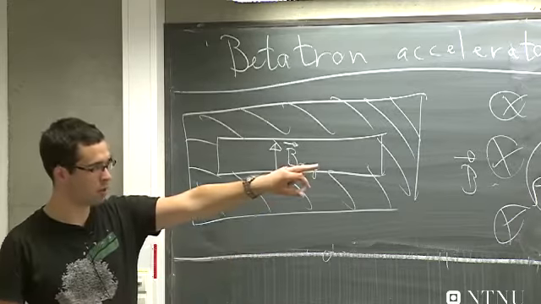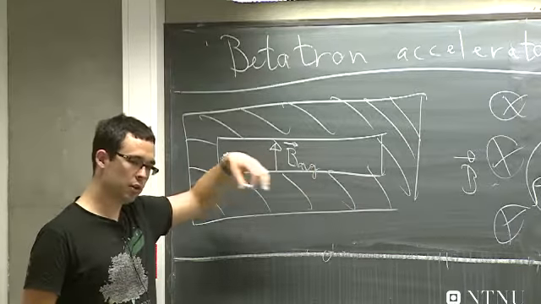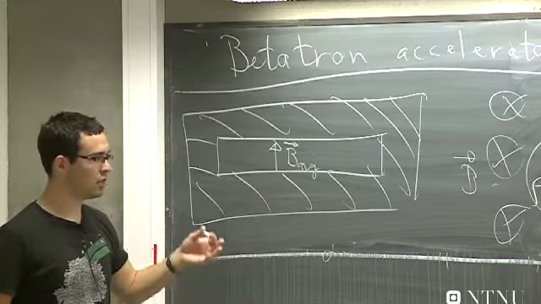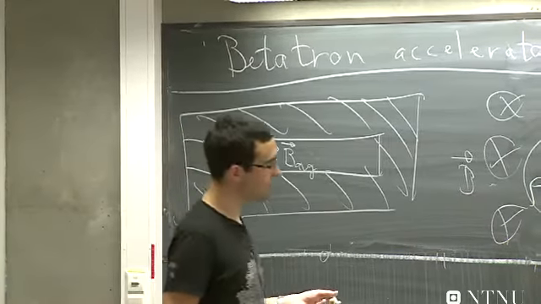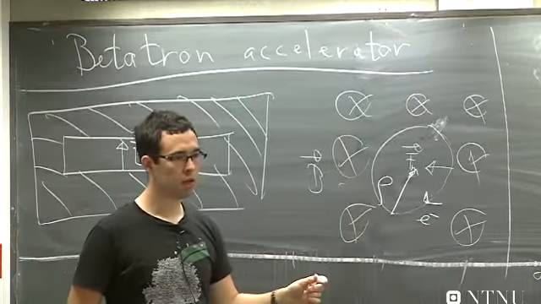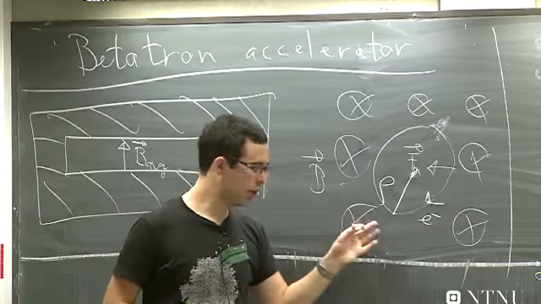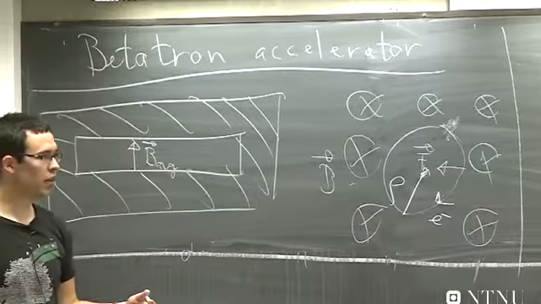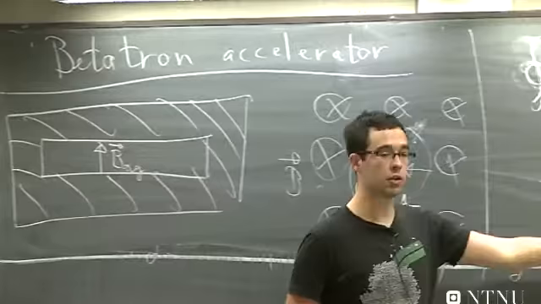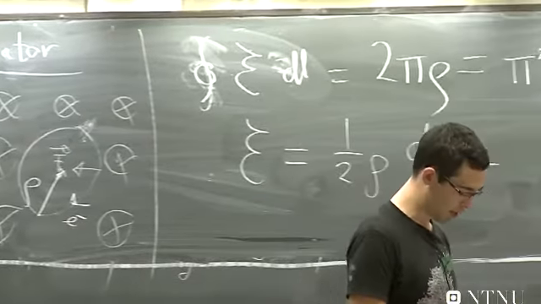Because there's a time derivative term here, it's going to accelerate the electrons, and as the electrons accelerate, they get a larger velocity and a larger momentum. But as the electrons accelerate, the magnetic field also grows in strength. So as an approximation now, let's just keep rho constant. Hopefully those will cancel out.